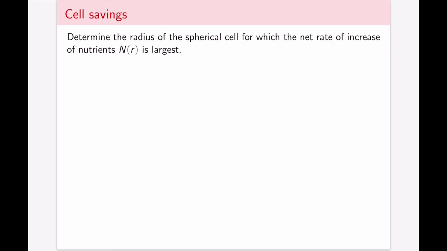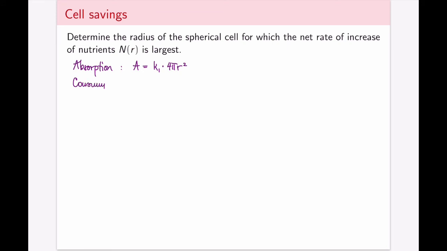So let us remember from the very beginning of the course that the cell absorption is proportional to the surface area, which means that the absorption is some proportionality constant times the surface area of the cell. Now here it's important to realize that our assumption is that we're working with spherical cells, so the surface area of a sphere of radius r is 4 pi r squared.